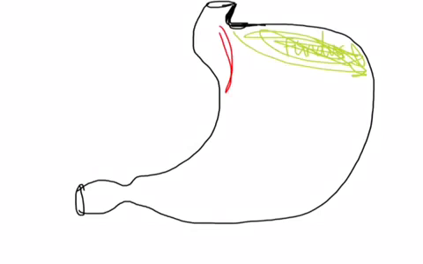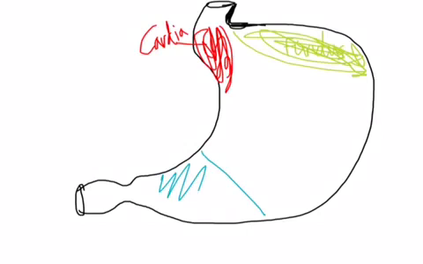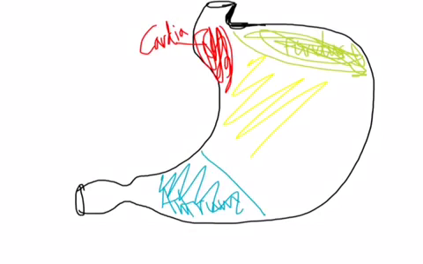And then right here is called the cardiac region, or cardia, or the cardiac stomach. And then we have the bottom part here, it's the antrum. And then finally we have this whole portion, which is the body.